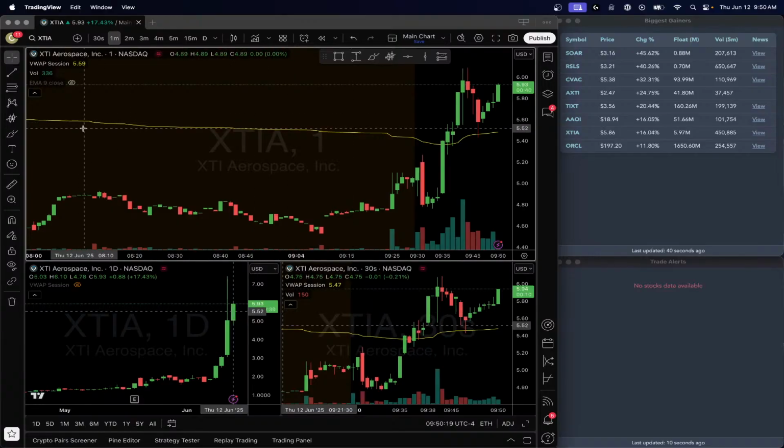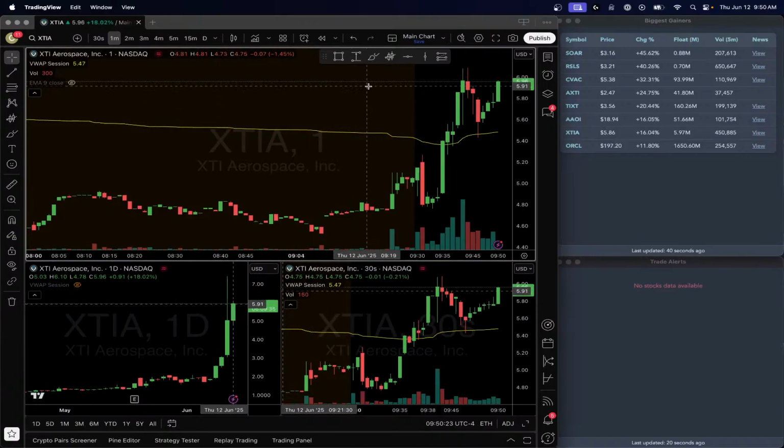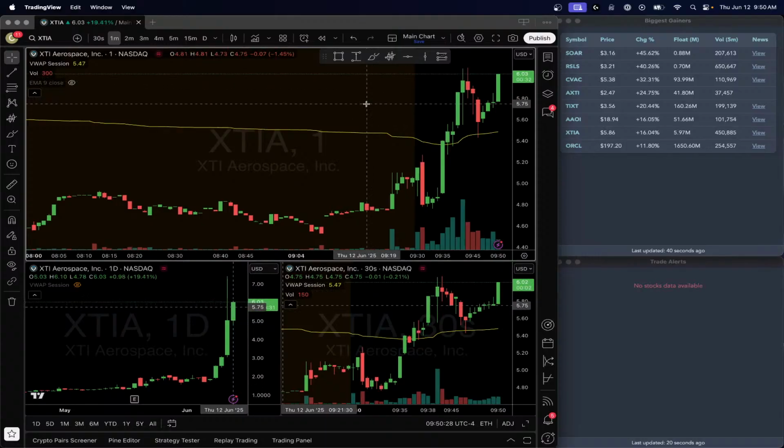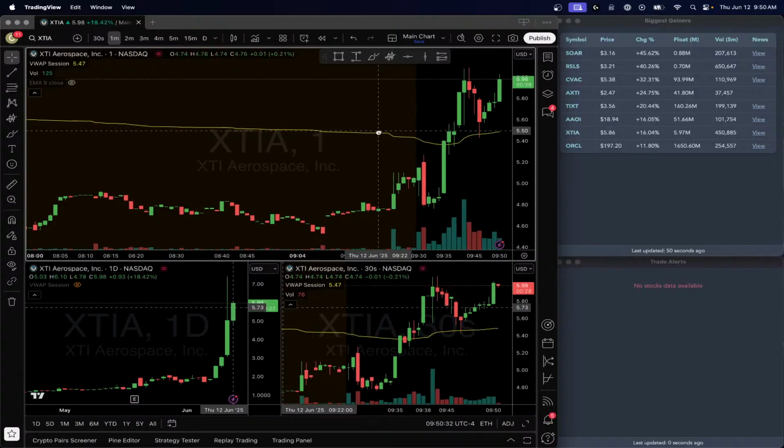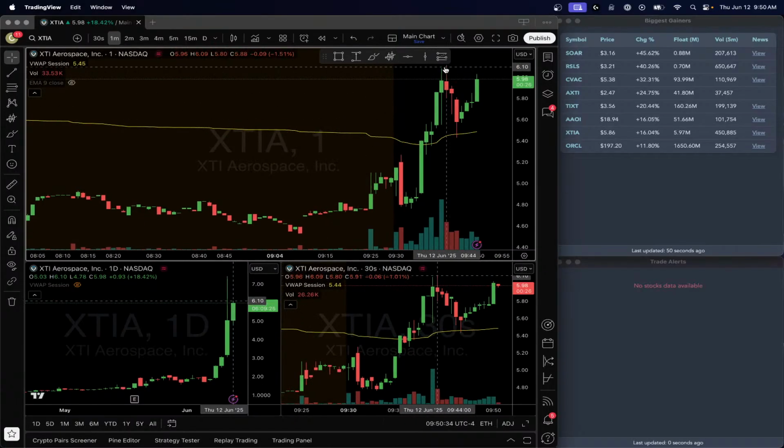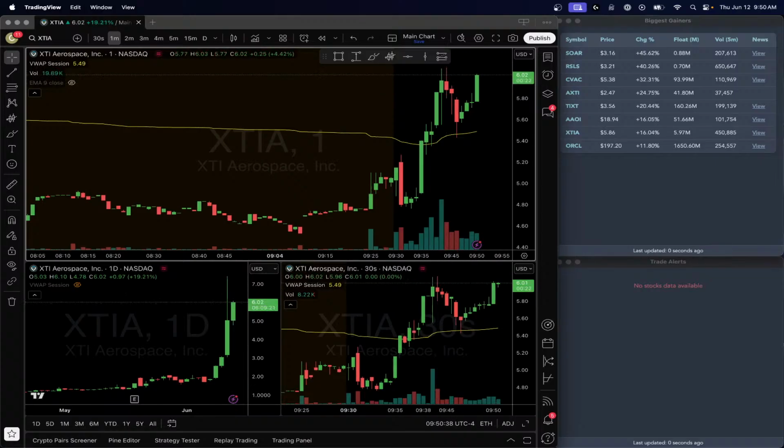Run up, pull back, inside bar, break of that. Get yourself 10 cents, 20 cents now, and you're good. Is it going to break the highs? Take some profits, lock it in.